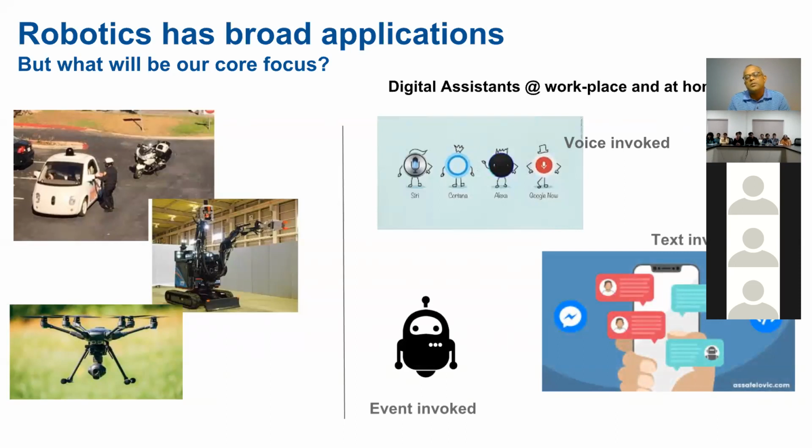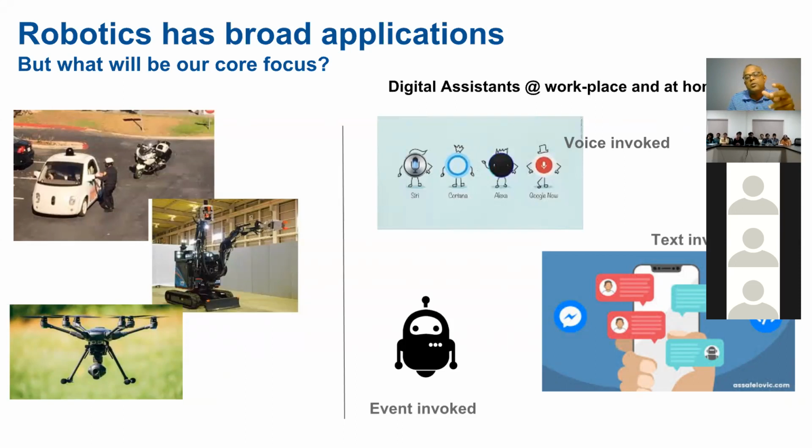Or you have this whole construct of text-invoked digital assistants, people chatting with bots just like humans. Or you have an event-invoked bot. A good example of an event-invoked digital assistant is you having emails in your Gmail account. 5 years ago, we did not have the construct where, if there is an email in your Gmail saying there is a bill due on a particular date, it will remind you on your Android device.